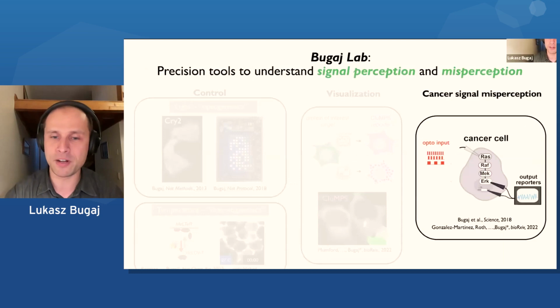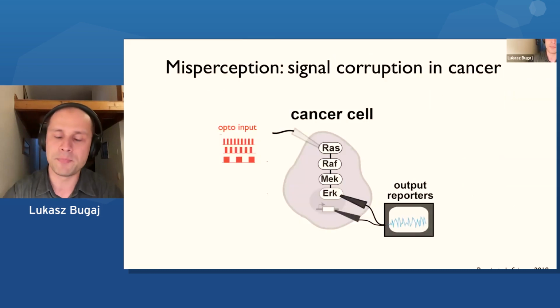Okay, so that's my brief intro, and now I really want to tell you the types of things that we're doing with this tool set, particularly in helping understand the complexity and the signal processing of cells in health and in disease. Okay, and so particularly in the context of cancer, the big idea here is to take a different approach to understanding how cells are functioning and how cancer cells are malfunctioning.